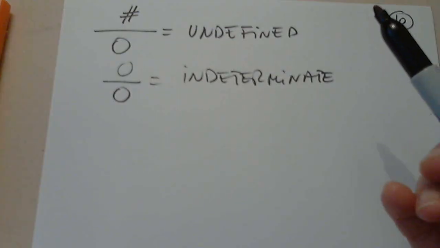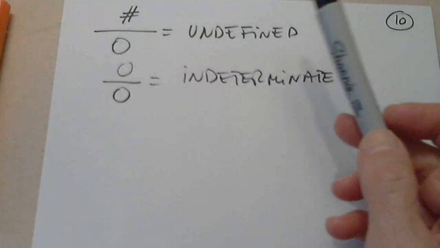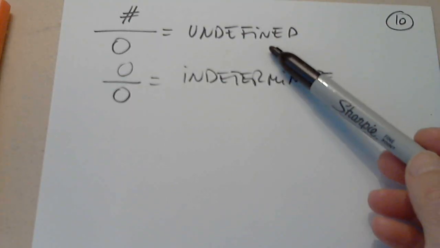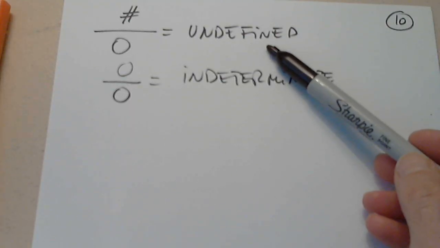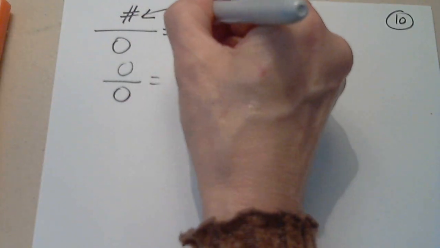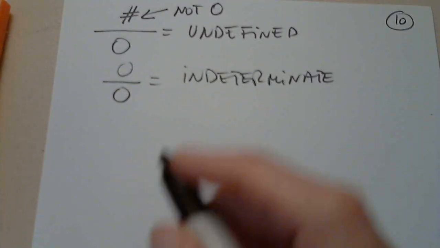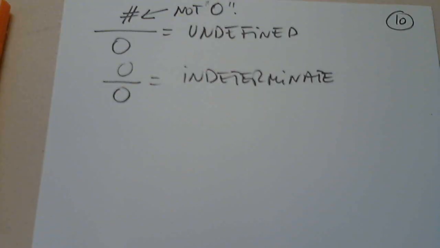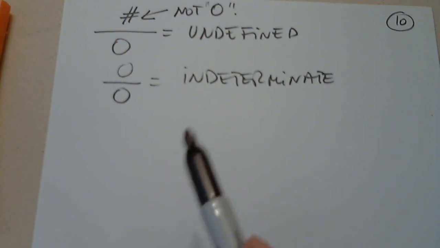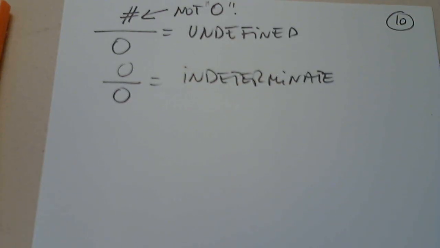When you get to a certain problem, please select both as undefined. However, that's incorrect. Any number but 0, where the numerator is not 0, is called undefined, but 0 over 0 is not called undefined. However, your book considers it undefined. So I just want to caution you about that.